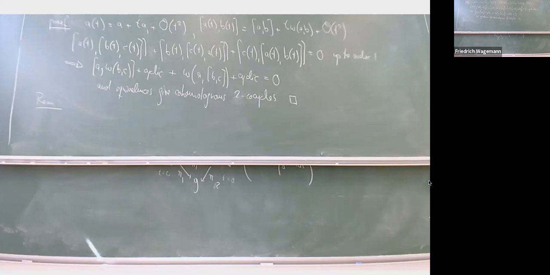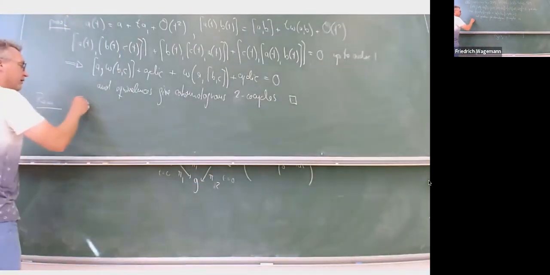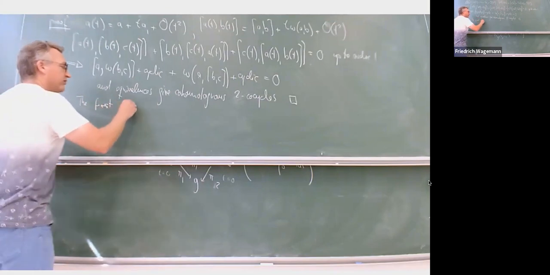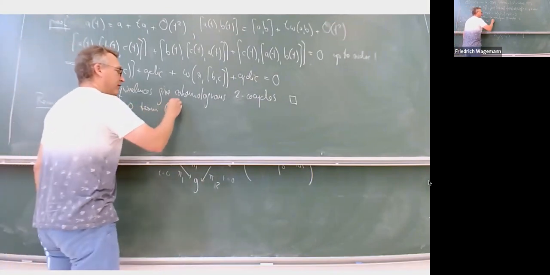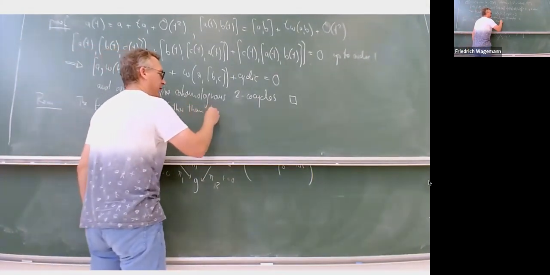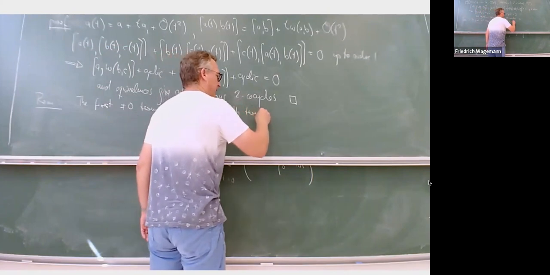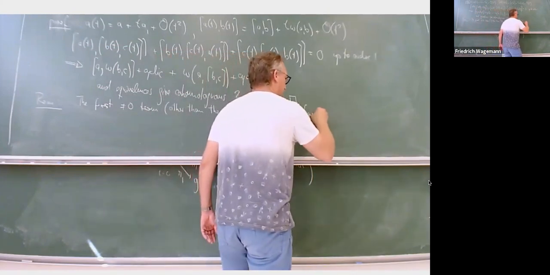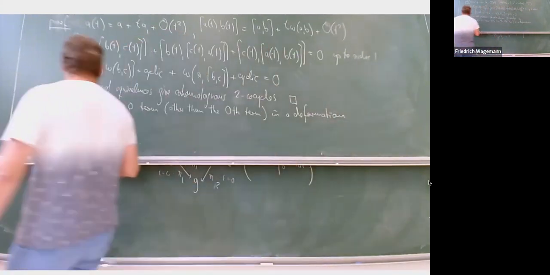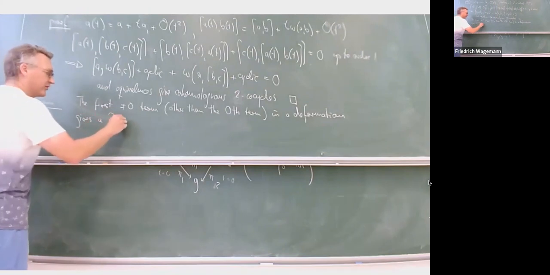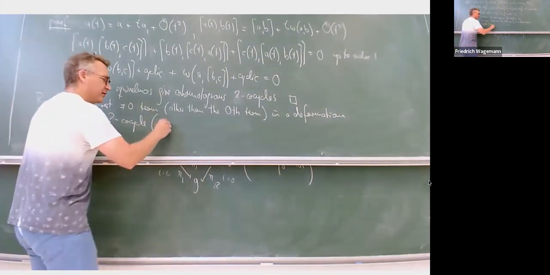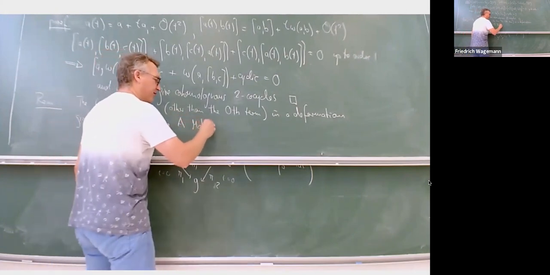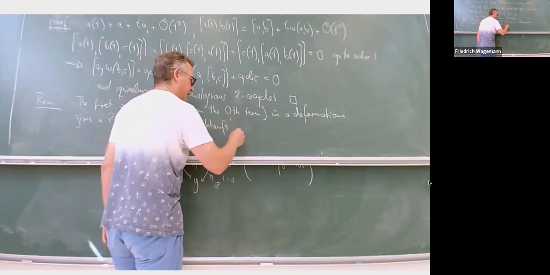In his lectures, it was not only H2 governing infinitesimal deformations up to equivalence, but actually the first non-zero term other than the zeroth term in a deformation gives a two-cocycle.